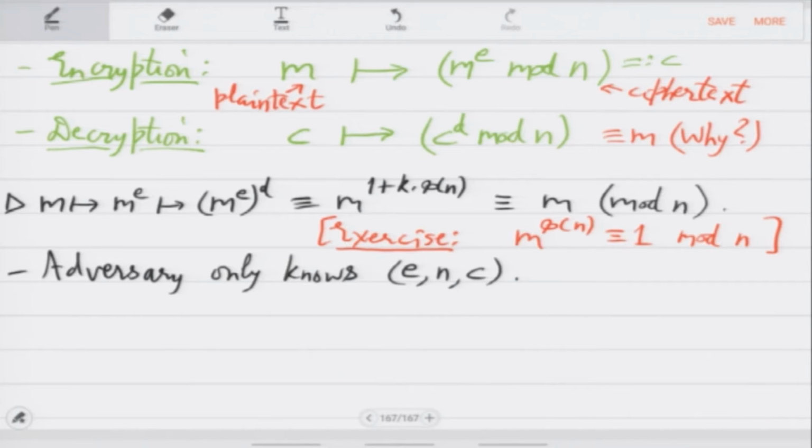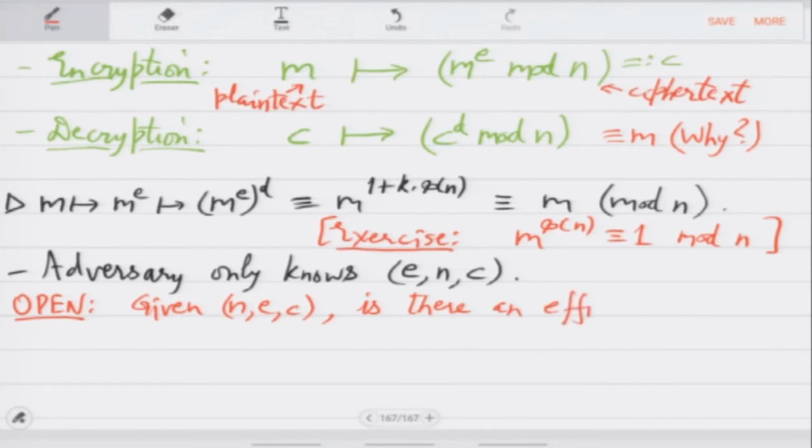So what is open is, given n, e, c, is there an efficient way to compute d? What is d? E inverse mod phi n.